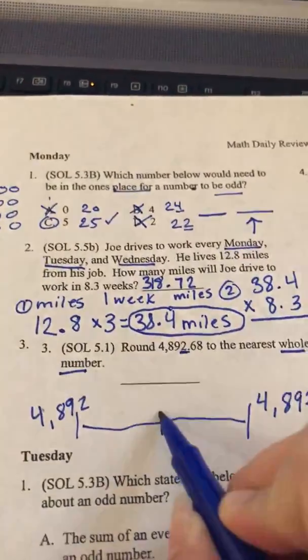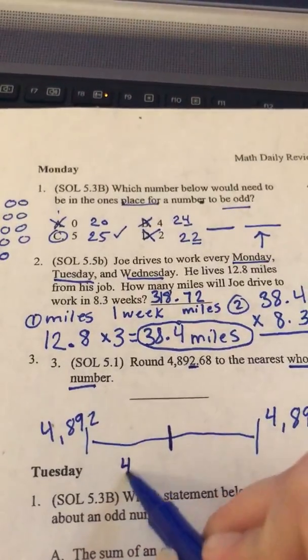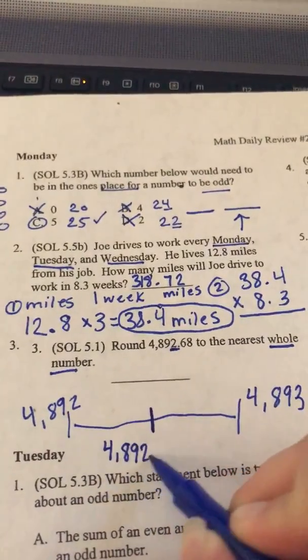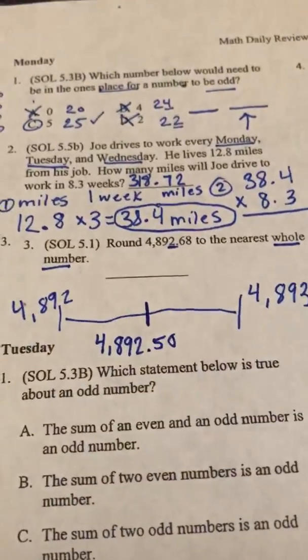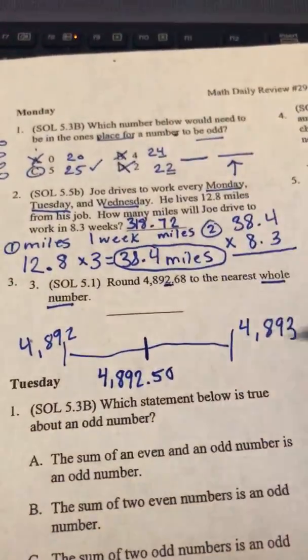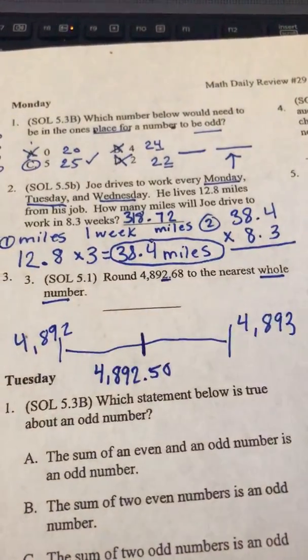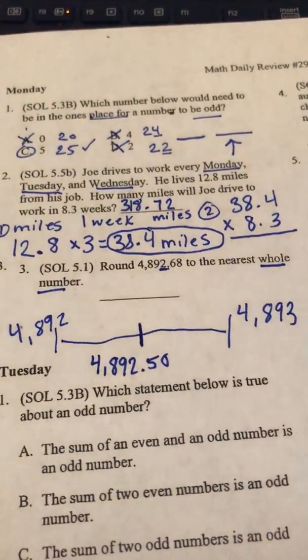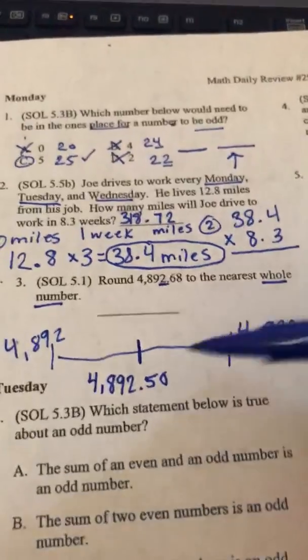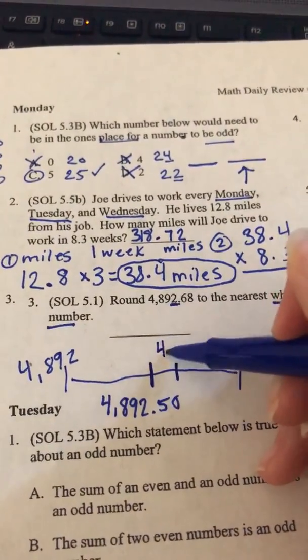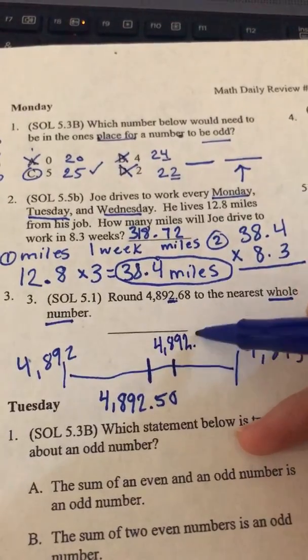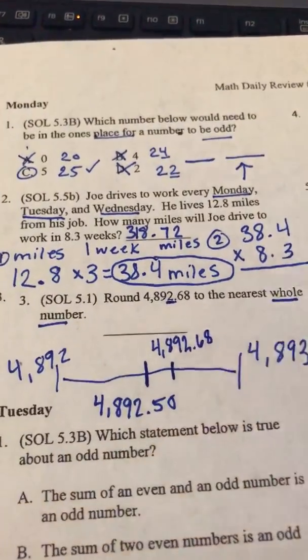Well, I know the halfway point would be $4,892.50, because half of a dollar is 50 cents. So if I was to put roughly on the number line $4,892.68, I would say maybe it fell right here. $4,892.68, right?